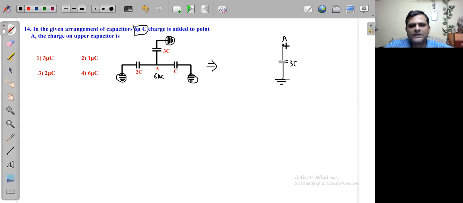Yes, then again A is connected to a capacitor of capacity 2C also, and this another terminal of this 2C is going to be earthed, और तीसरा एक टर्मिनल जो है वो एक तीसरे कैपेसिटर के साथ जुड़ा हुआ है जिसका वैल्यू सिंपली C है, और उसका भी दूसरा टर्मिनल हमने अर्थ करके रखा हुआ है.